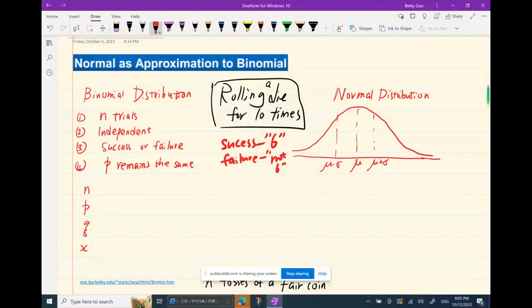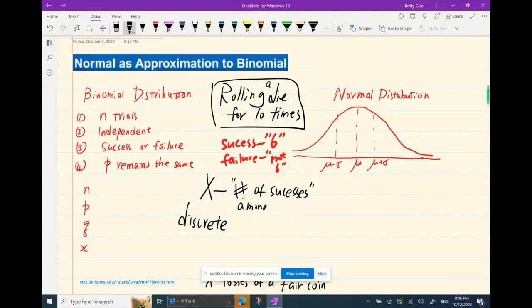More specifically, which variable follows a binomial distribution? This variable, we're going to use x. The variable x is discrete, representing the number of successes among the n trials.